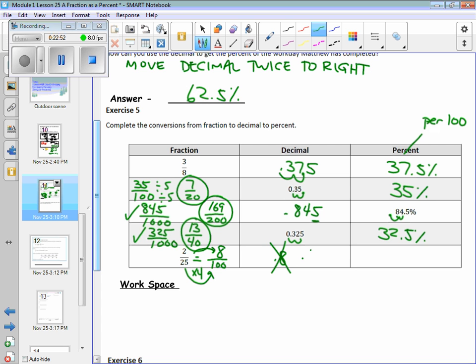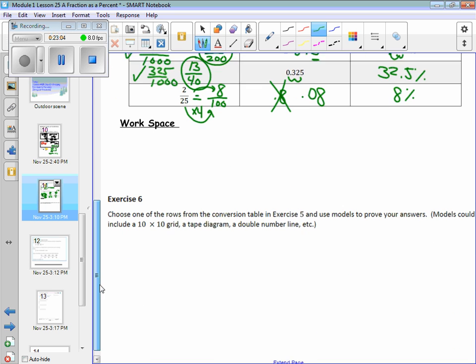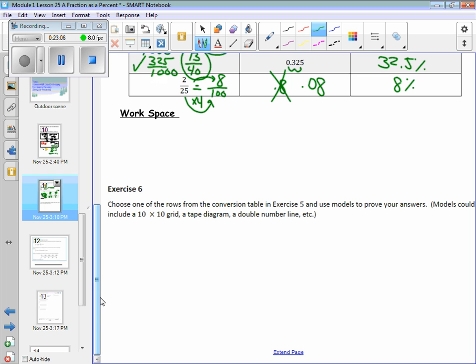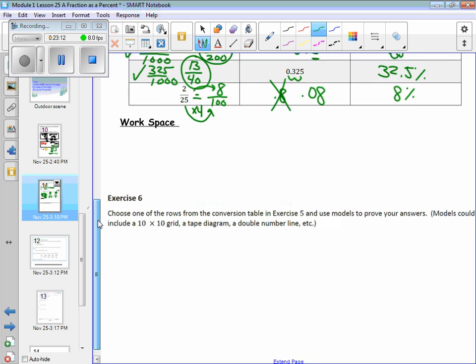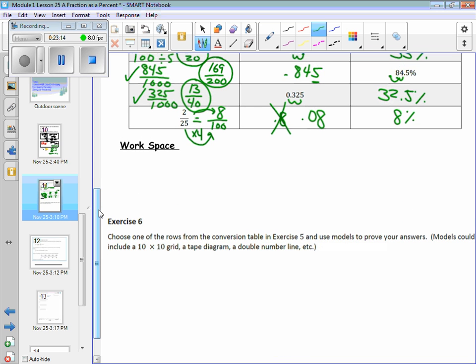Our correct decimal is 0.08 or 8%. And that takes care of the chart. For this bottom part, the answers are going to vary. For exercise 6, I'm not going to cover that here. And that's going to be it and conclude everything for lesson number 25.